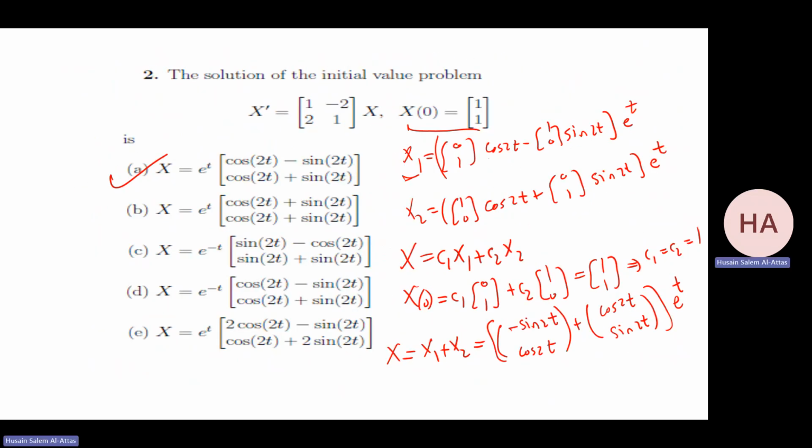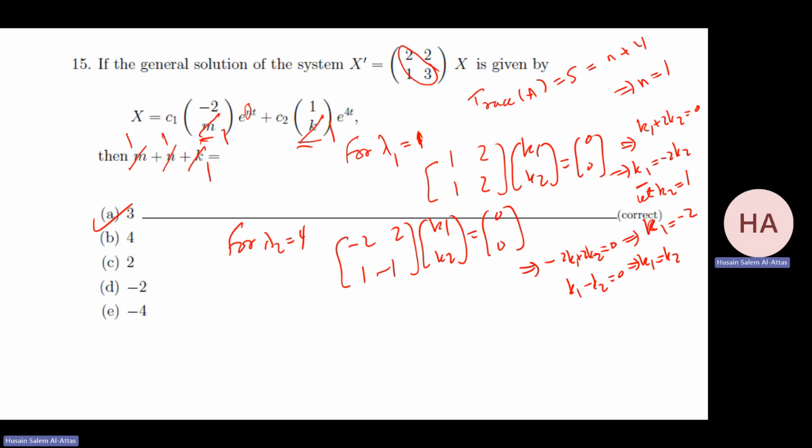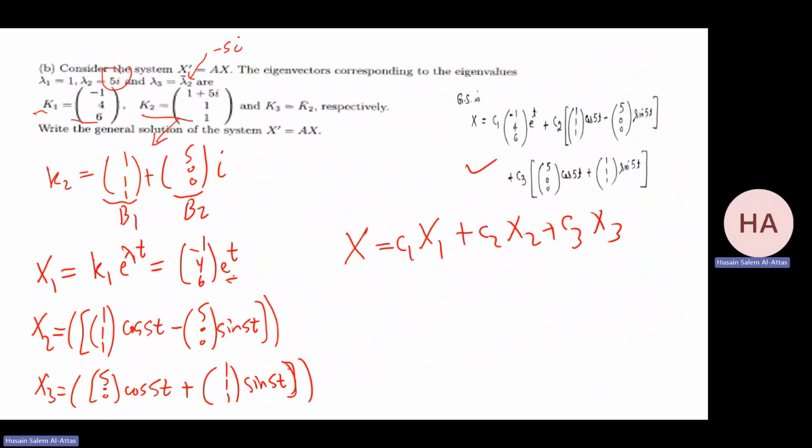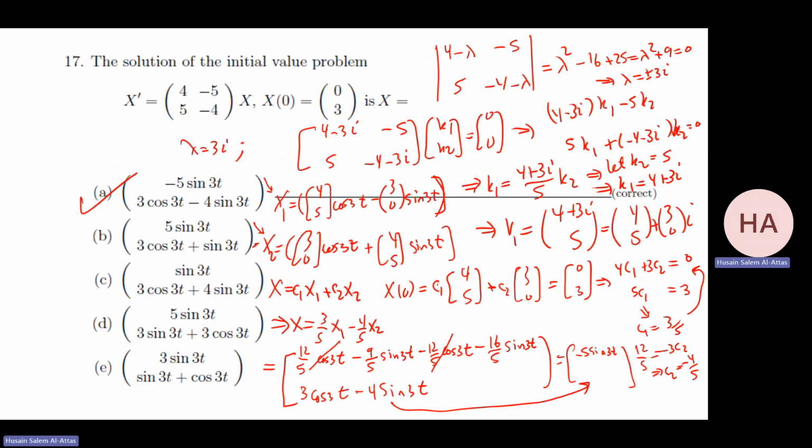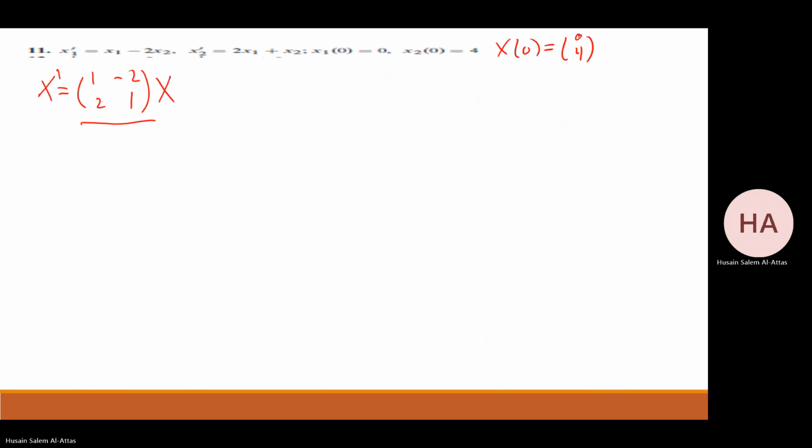We'll do it many times. This is x1, this is x2. So let us save time. Copy that. Instead of doing the calculation again, x1 will be 0, 1 cosine 2t.